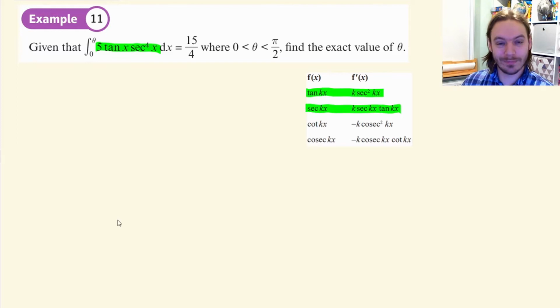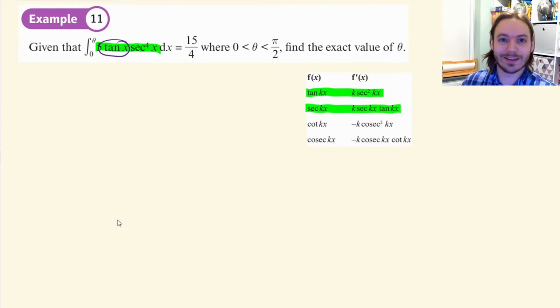But what we need to remember is that for the chain rule to work, I need a function to a power, and then I need to differentiate this. And that's what brings the derivative of that function outside and lowers the power. So the tan isn't going to work as my function because it doesn't have the power.